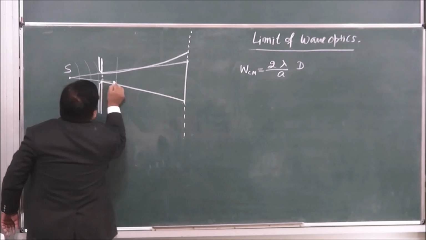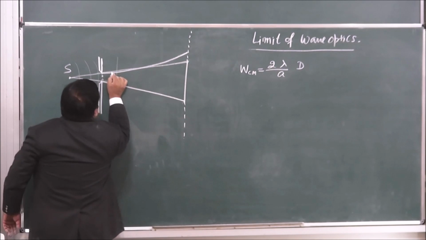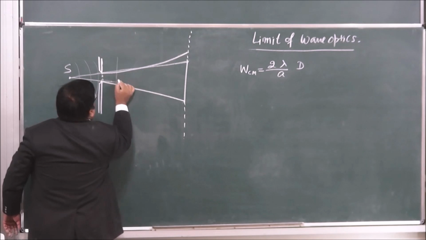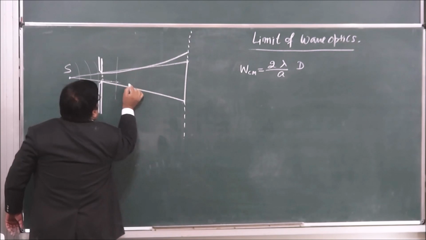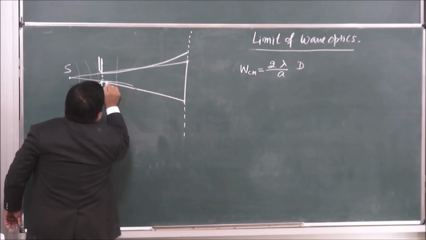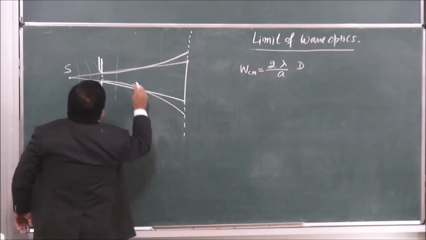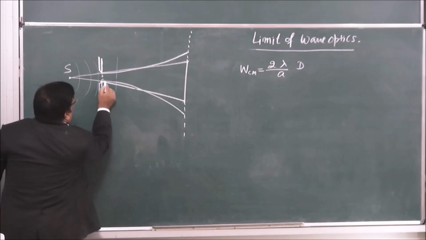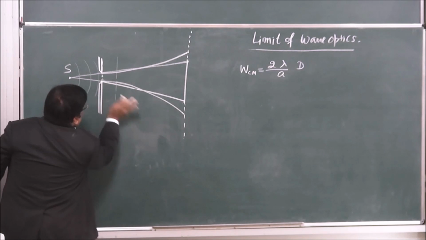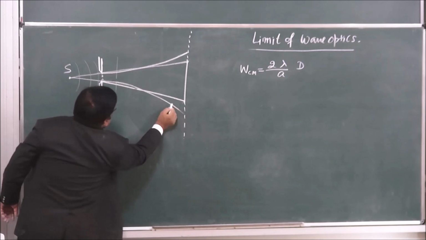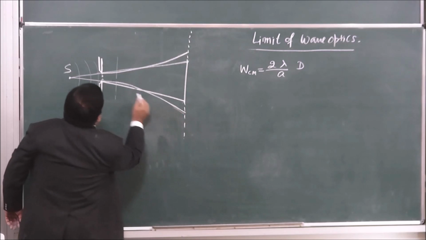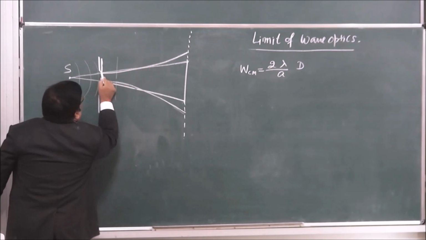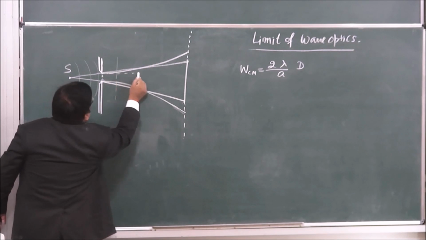Here it is dark, dark, dark, and this goes like this way. This goes on going down and it comes here. This goes up from here. This is the straight line.